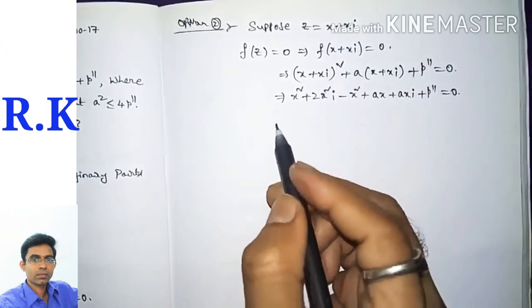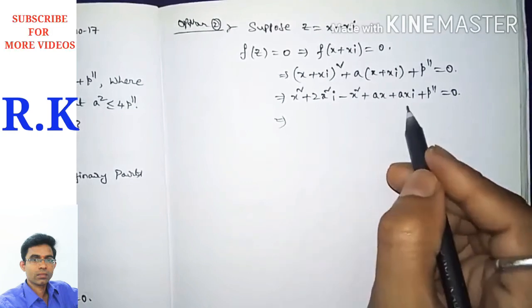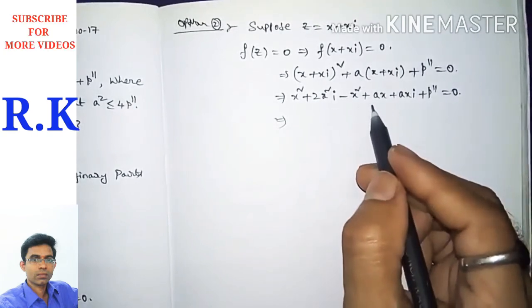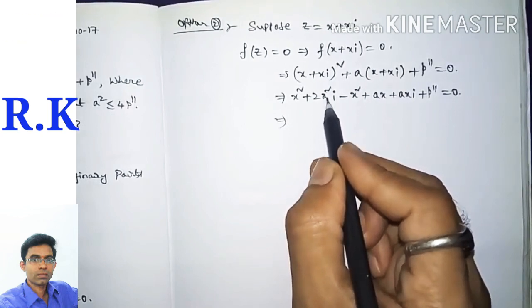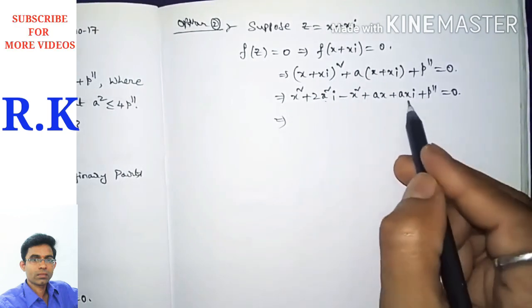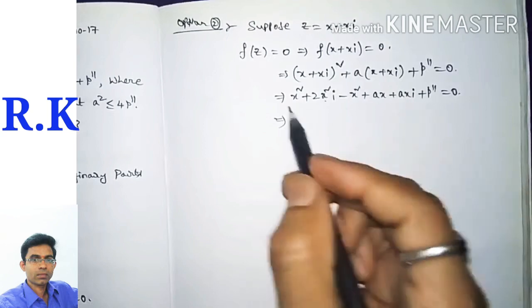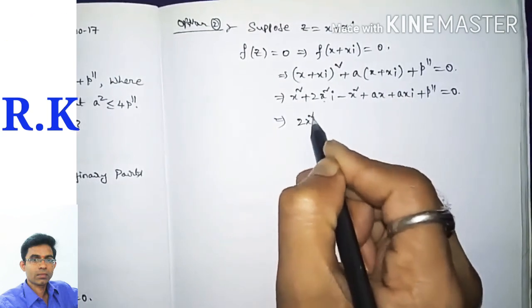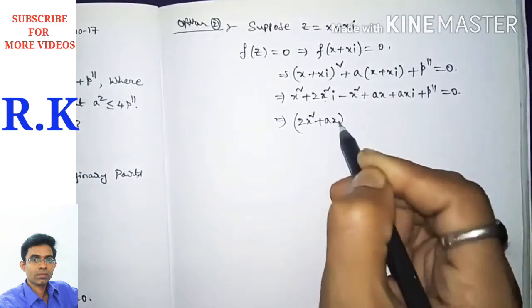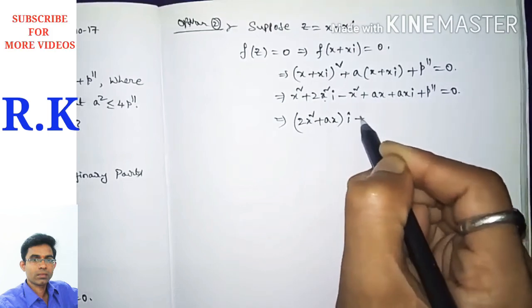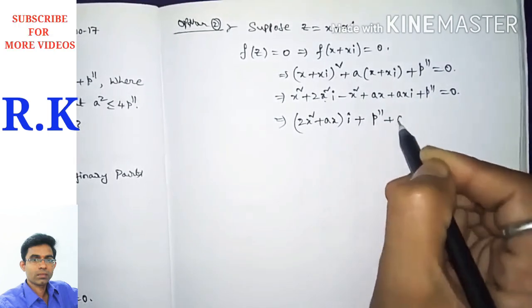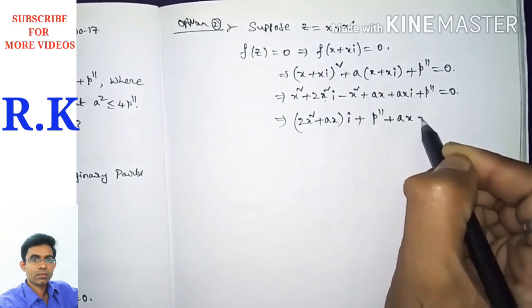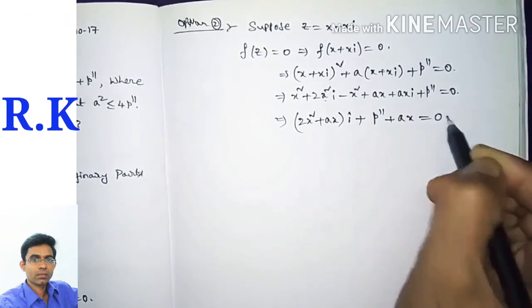Okay, now taking real parts and imaginary parts, we have the imaginary part 2x square plus ax into i, plus the real part p power 11 plus ax minus x square is equal to 0.